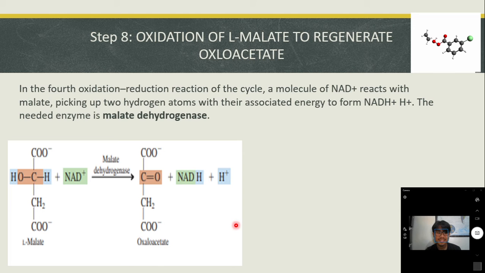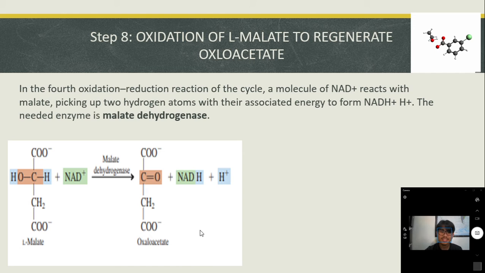The needed enzyme is malate dehydrogenase. So in this step, starting from step 1 and going to step 8, it is called a cycle because it repeats itself provided that additional acetyl-CoA is available in the reaction in step 1.